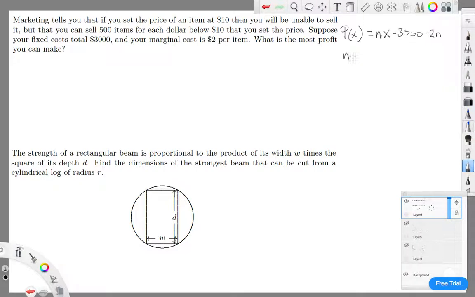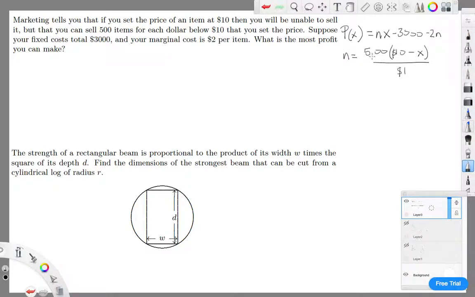Well, n is equal to, we're going to start with 500, and marketing said that we were going to sell 500 for every dollar below $10, and then just because it's every single dollar, if it were every 50 cents, I would put a 0.5 down here.